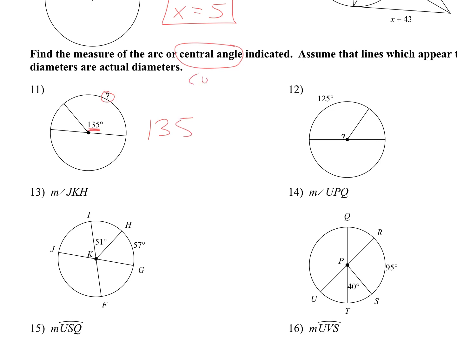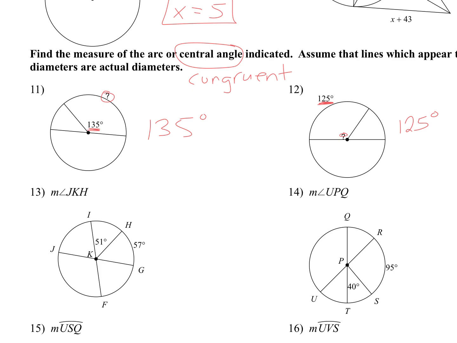Okay, so if you want a little clue to look back at, put that they are congruent. Okay, vice versa on number 12, it gives us the arc. Well, what do we know about the arc and its angle? They're the same. So if the arc's 125, the angle is also 125.